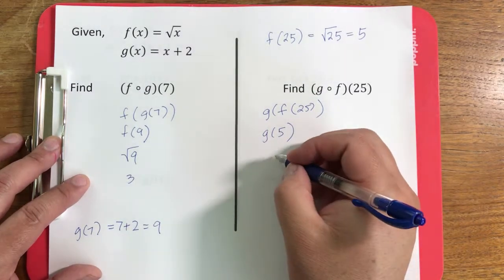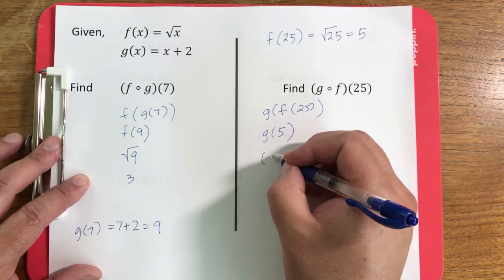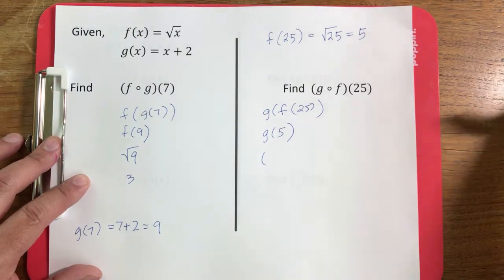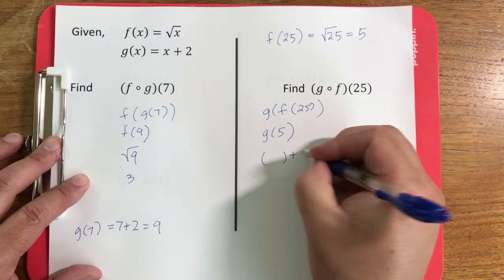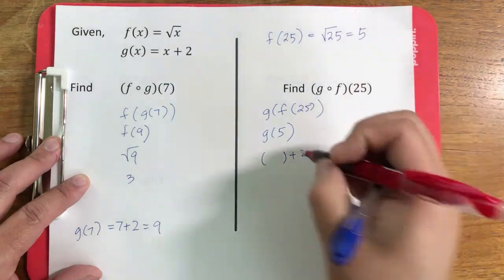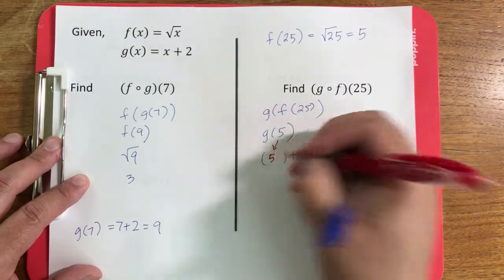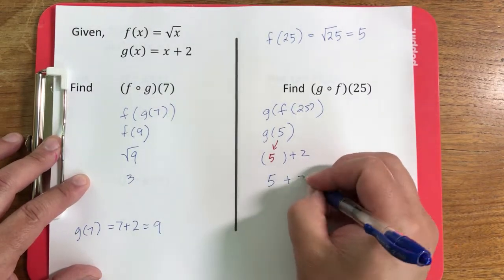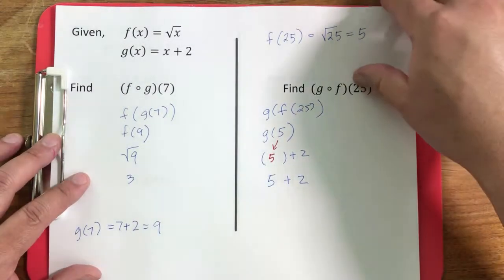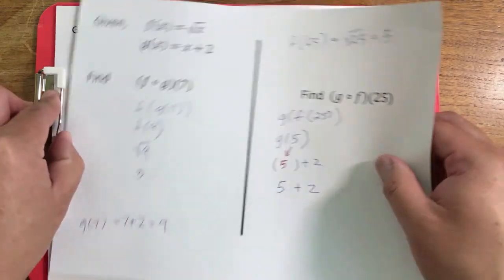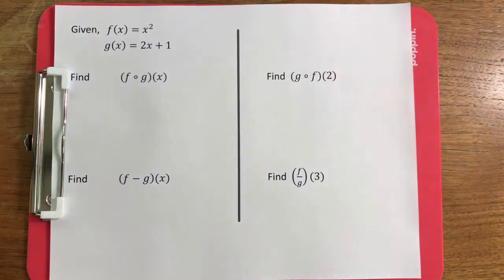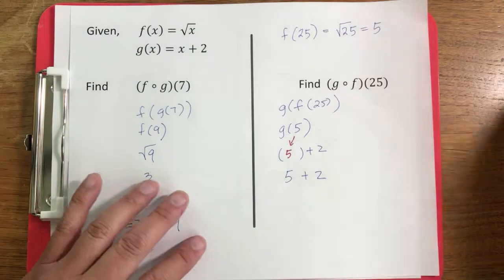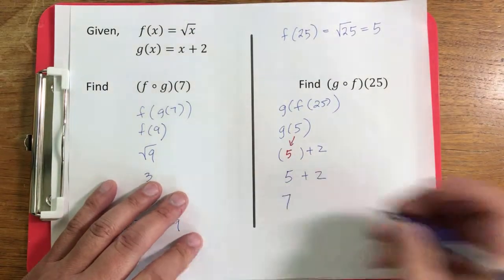So now this turns into, anywhere there's an x, we put a parenthesis. And what goes inside of that parentheses is 5. So this is 5 plus 2. Oh, I should finish that and say 5 plus 2 is 7.